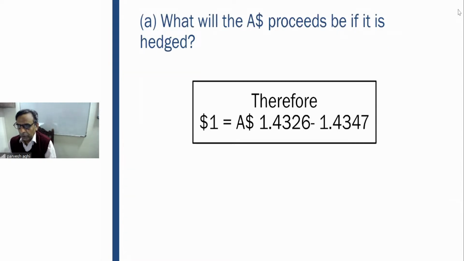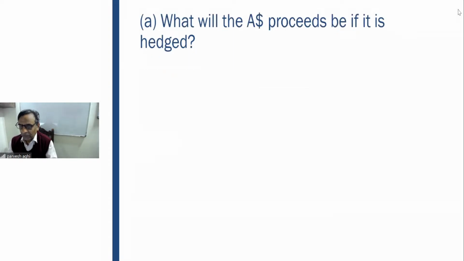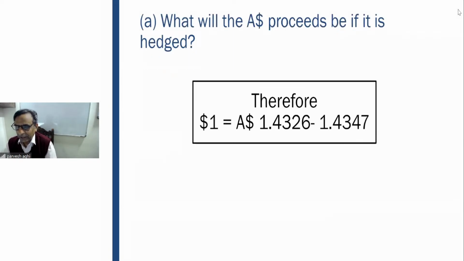So we just apply our general rule: we reciprocate and then calculate. This is 1 upon 0.6980, which becomes the bid rate, and 1 upon 0.6977, which becomes the ask rate. So we'll get it like this.